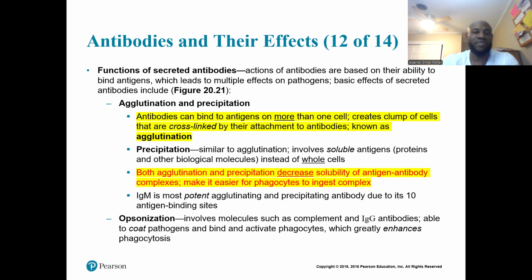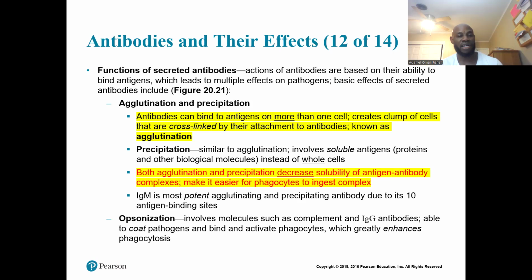And then, what's the effect of these antibodies? Well, these antibodies are secreted, and the actions of antibodies are based on their ability to bind antigens, leading to multiple effects. Agglutination, that's a very good effect.